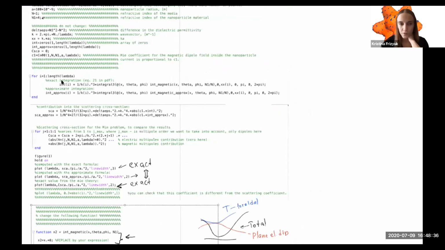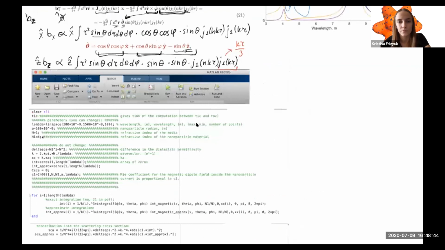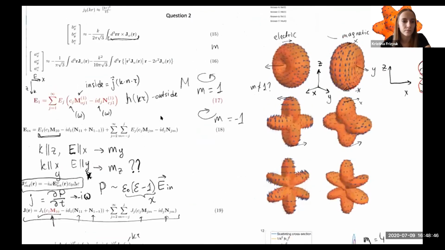Some more questions? How to plot forward and backward behaviors.